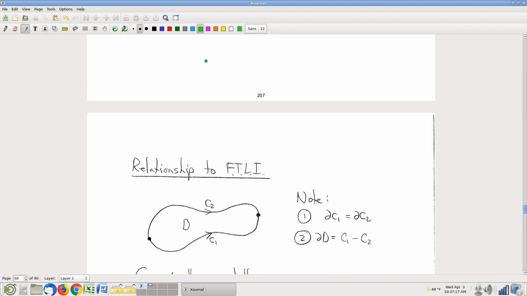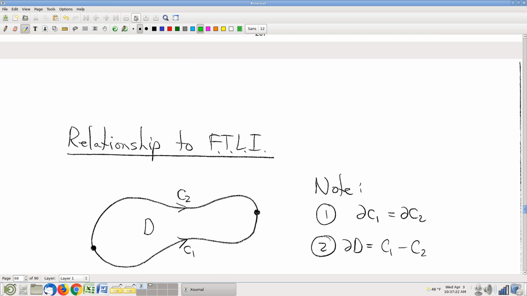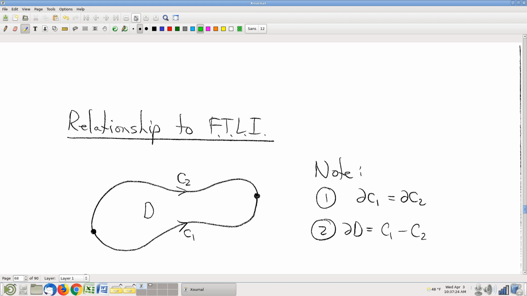Several examples under our belt now. I want to go back and talk about some abstractions. There are some really powerful ideas that connect Green's theorem to previous stuff that we've done. Let me remind you, we talked about the fundamental theorem of line integrals. It connects line integrals to just plugging into some magic anti-gradient function, right?